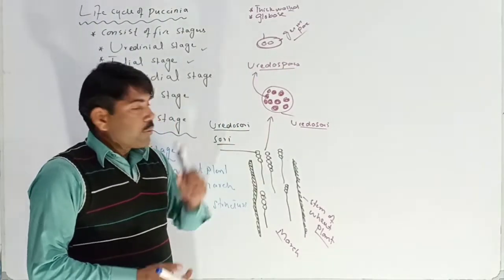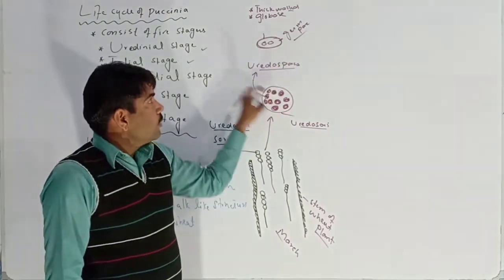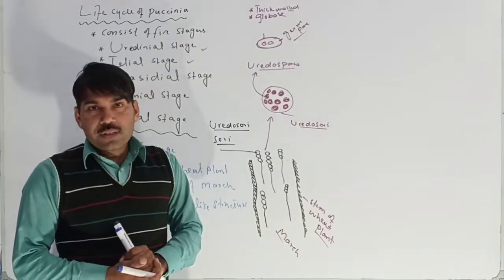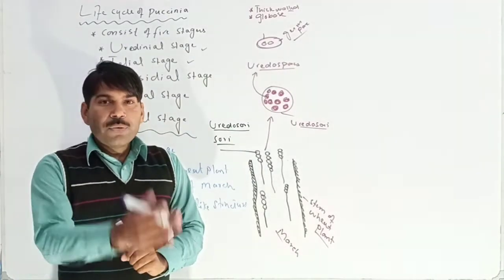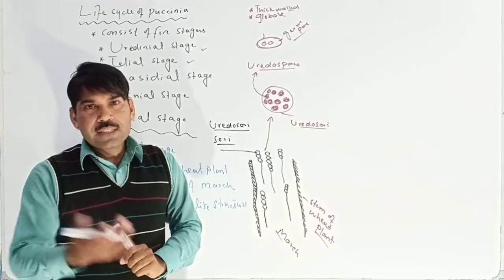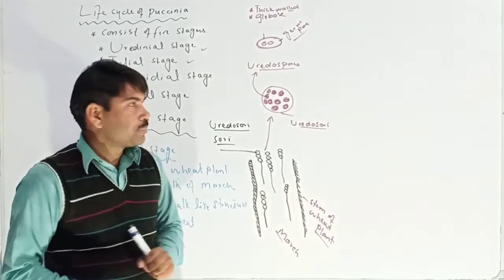Now we are going to discuss how these urediniospores actually germinate to infect the plant leaves as well as some other parts of the wheat plant.